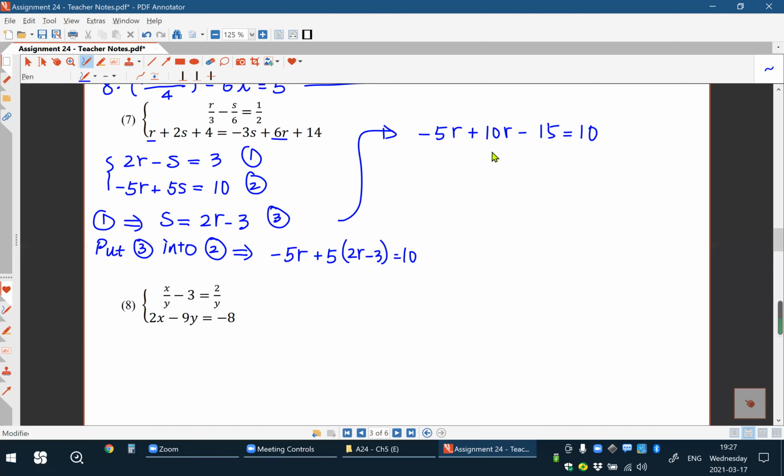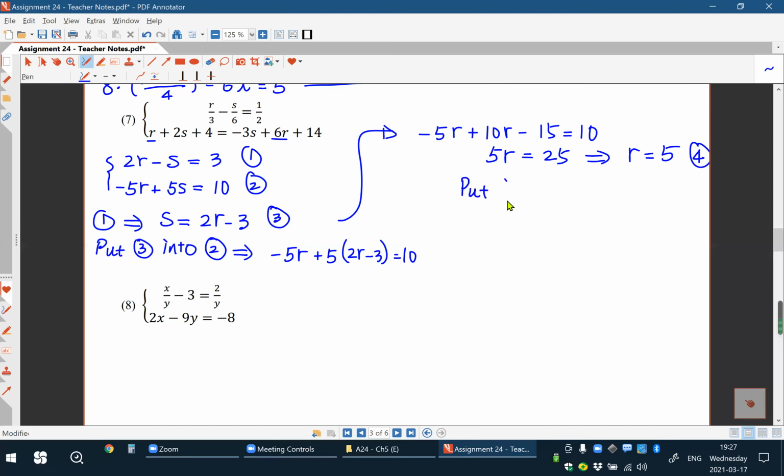And this means 10r minus 5r gives you 5r equals 10 plus 15, right? Remember that if you put this number into the right-hand side of the equation, the positive sign becomes negative sign, negative sign becomes positive sign, right? So 10 plus 15, that means 25. So r is 5, right? So let's call this number 4.